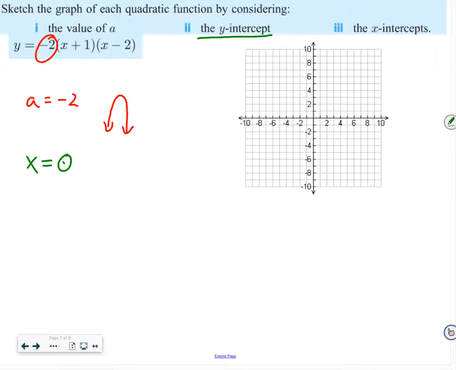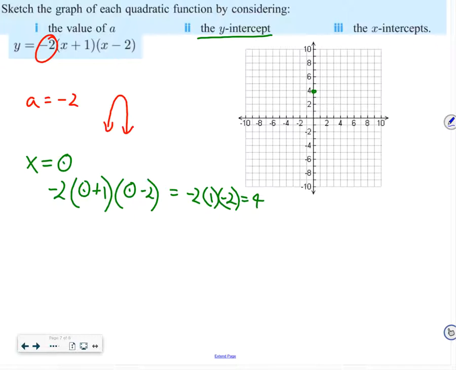If I plug it into my function, I get negative 2 times 0 plus 1 and 0 minus 2. Well, what am I going to get? I'm going to get negative 2 times 1 times negative 2, which is equal to 4. So I know my y-intercept is 4.